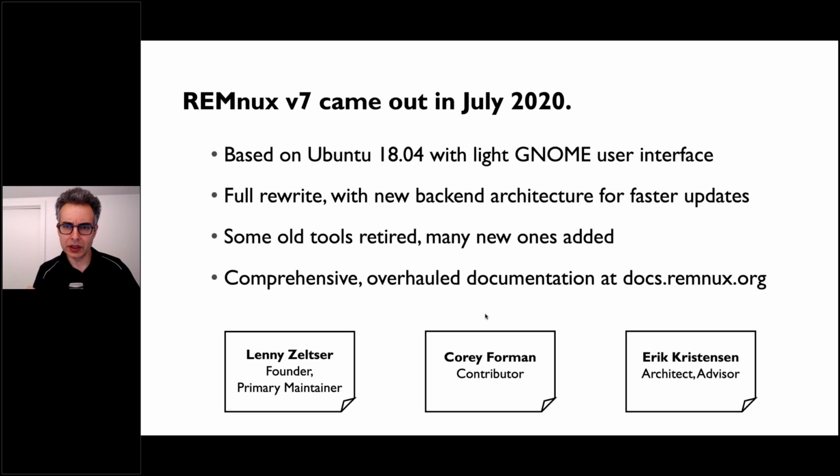The reason why you as the end user might care about the backend architecture is that the way the distro is designed now will make it easier to keep it up to date and will even facilitate compatibility with future versions of Ubuntu, including hopefully version 20.04. But right now it's based on Ubuntu 18.04, and one major change in this version is that it is now based on a much more full-featured graphical user environment, which is GNOME.